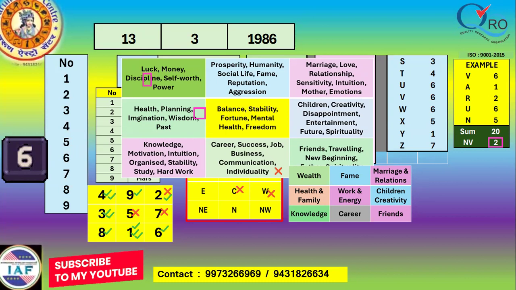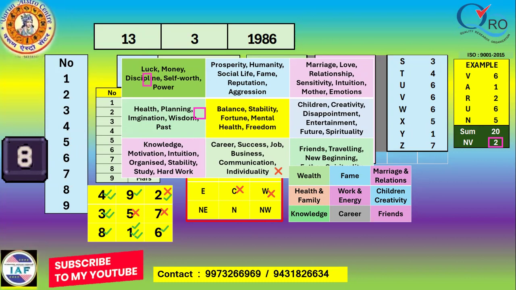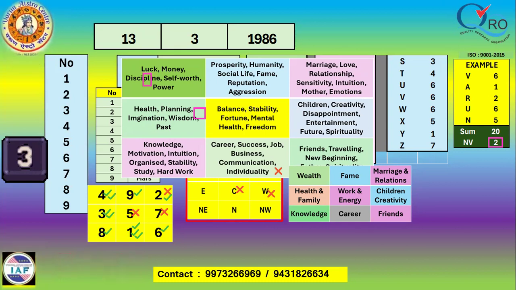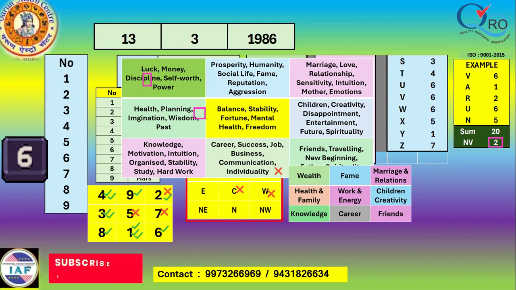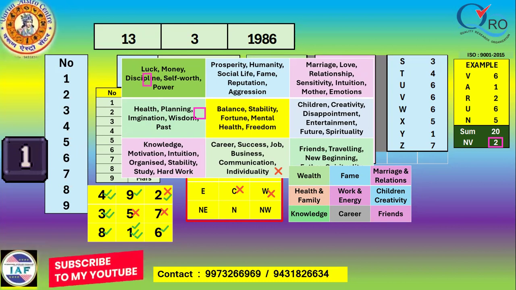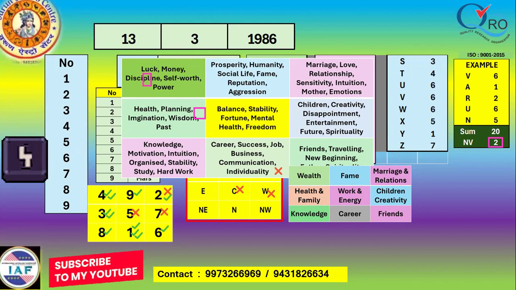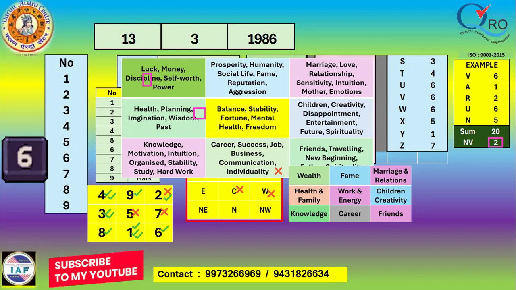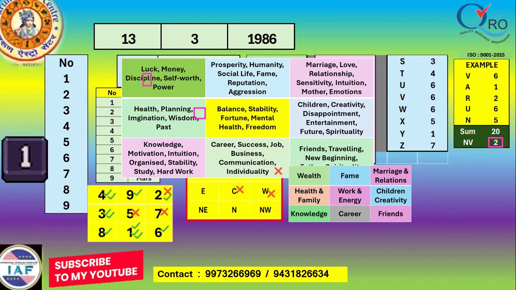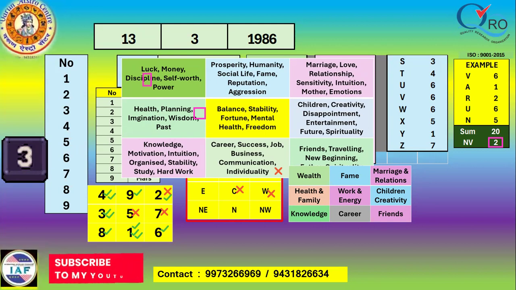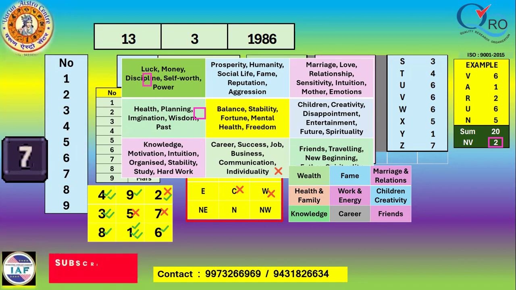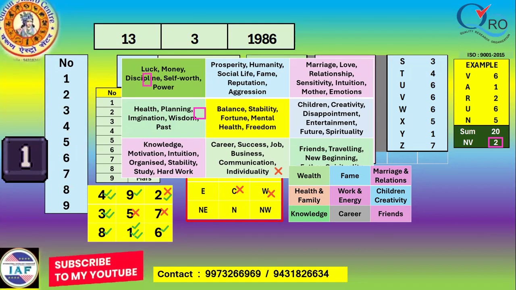And the native may be lacking issues related to the missing numbers. For example, 5 is missing. Then the native may find a problem in balancing, stability, fortune may not work, mental tension, health issues, and obstruction in freedom.